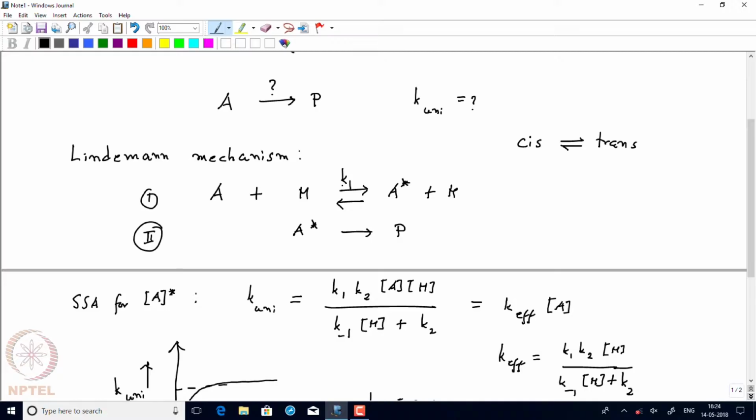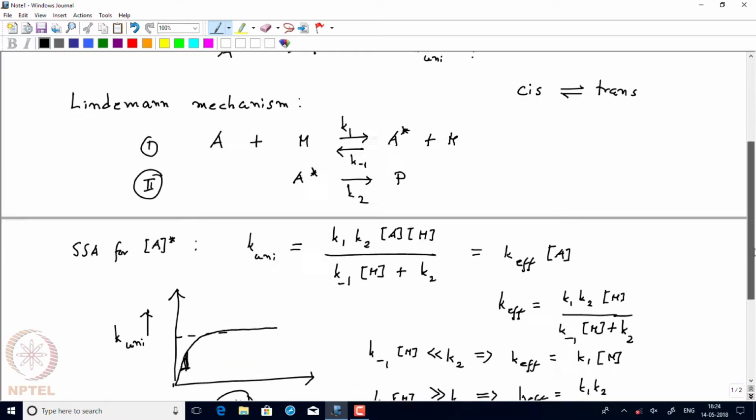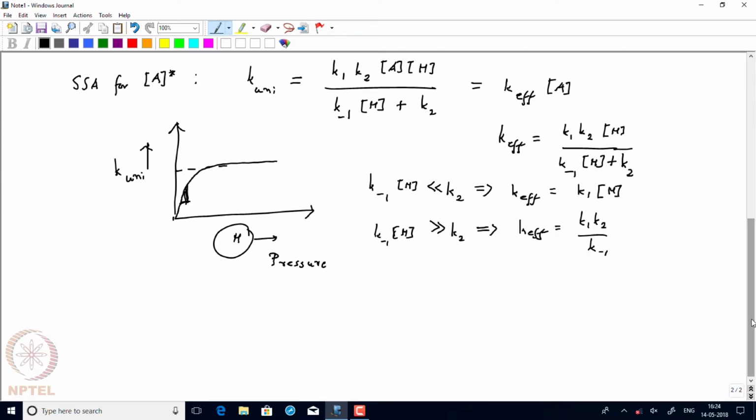So, you are having an energization, and then a de-energization or deactivation, and then in the second step the energized molecule gives you the product. Now think about it: if I am working in the small pressure limit, a collision is happening, and I produce some energized molecules, but these energized molecules have little chance to get deactivated by collision again, because the number of collisions is less in the low pressure regime.